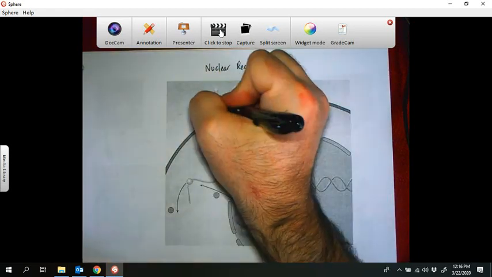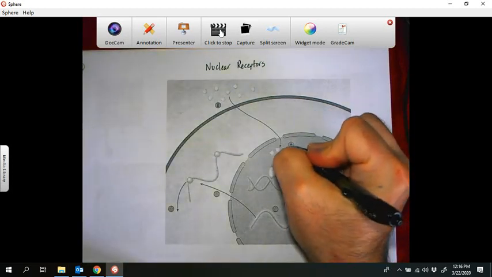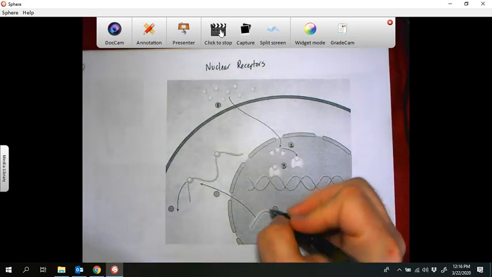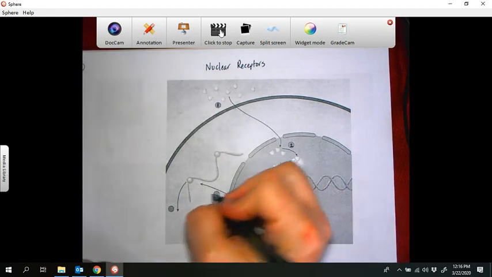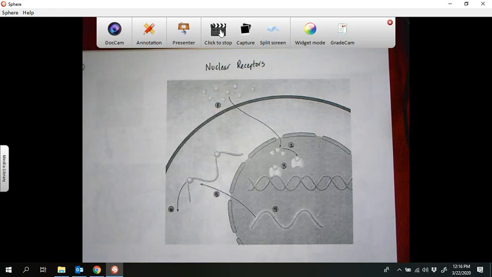So this first one is number 1, 2, 3, 4, 5, 6. So with this, nuclear receptors are a lot slower in their effects than the water-soluble hormones with membrane-bound receptors.